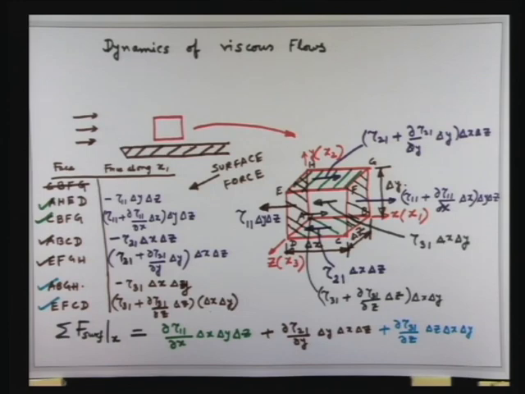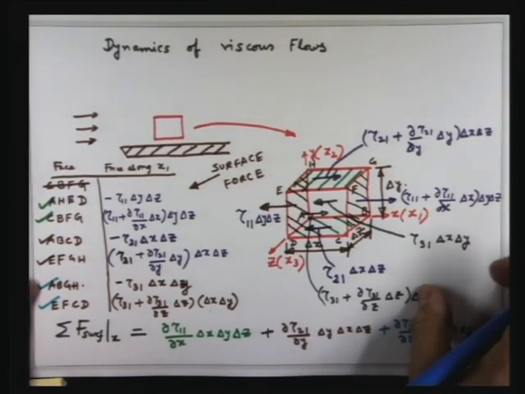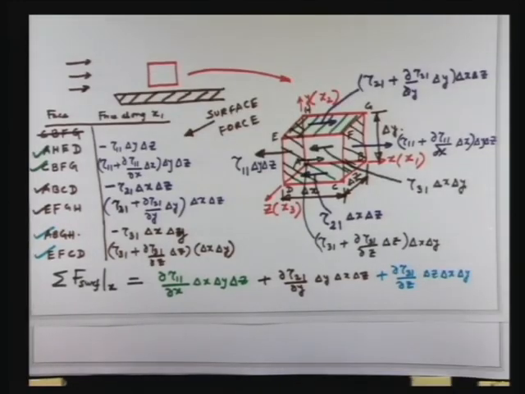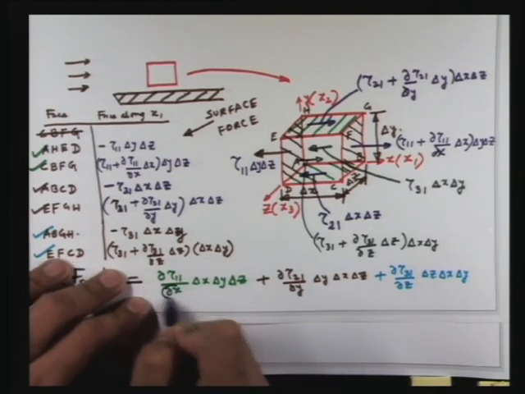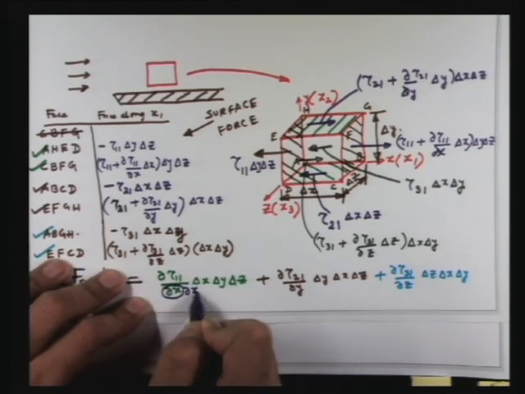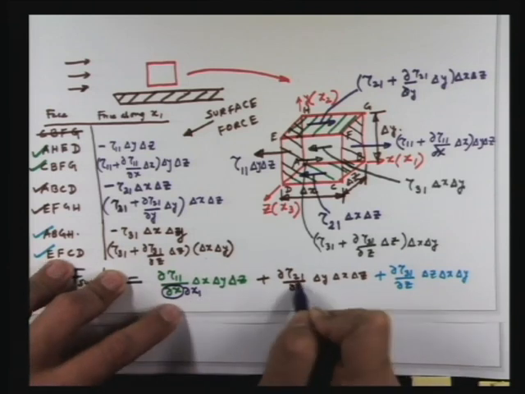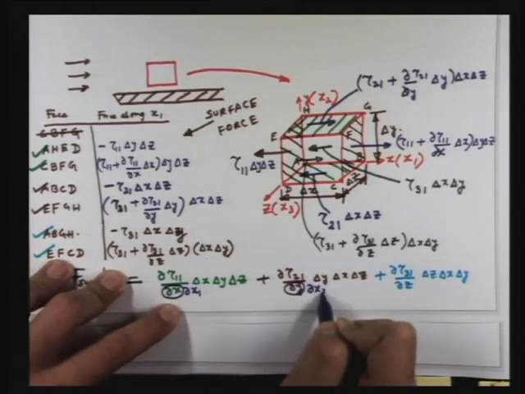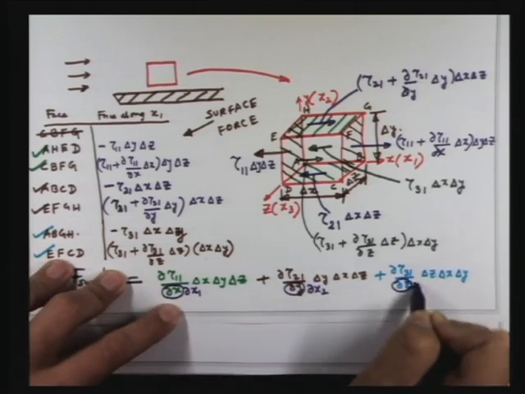Now in place of the normal notation, we can use the index notation: in place of this will be del x1, this will be del x2, this will be del x3.